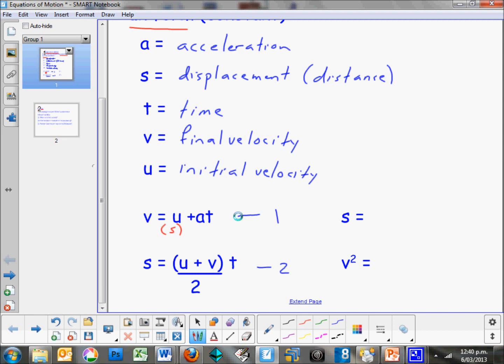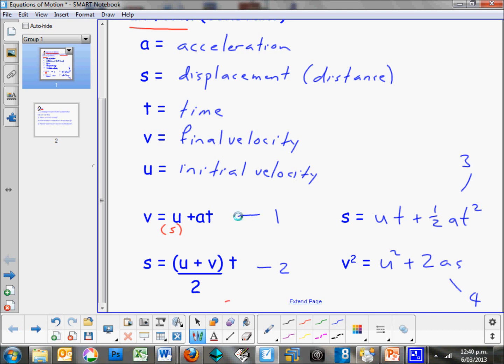All right, s equals ut plus 1/2 at squared, that's equation 3, and the final one, v squared equals u squared plus 2as, that's equation 4. And just reminding ourselves, I said the first one didn't have s in it.